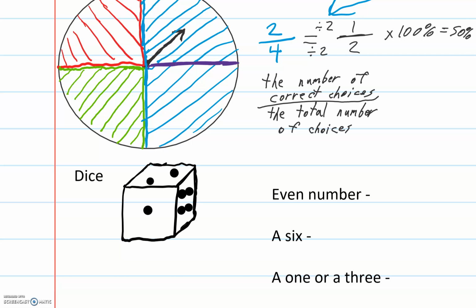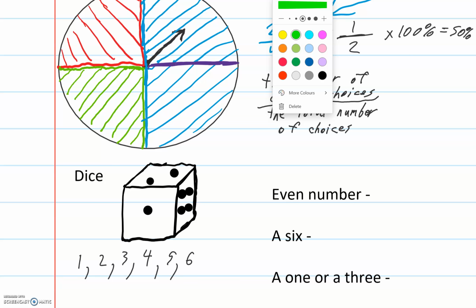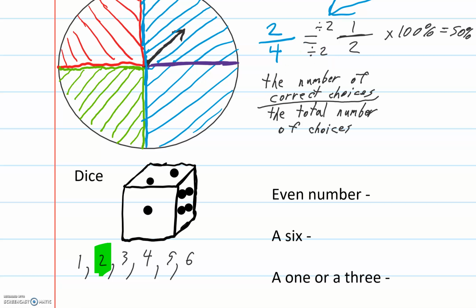Well, if you think about a dice, there are 6 possible options. These are the numbers that you could roll with a single dice: 1, 2, 3, 4, 5, and 6. There's no other number. You can't roll a 0, you can't roll a 7, you can't roll a 24. So which of those are even numbers? Well, 2, 4, 6 are even numbers.